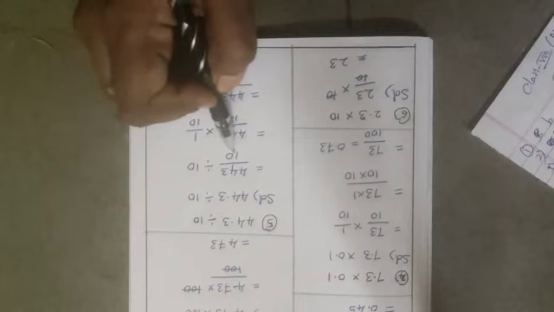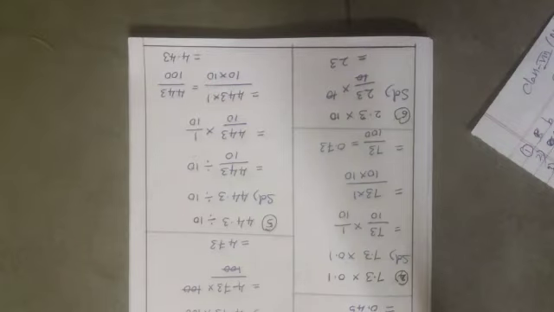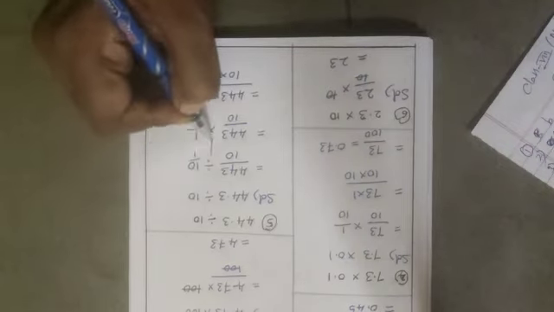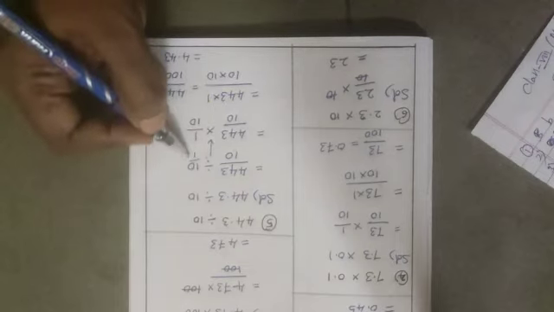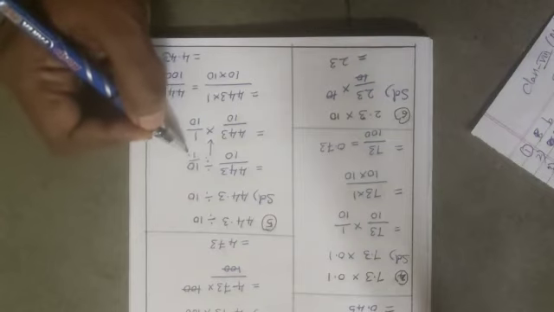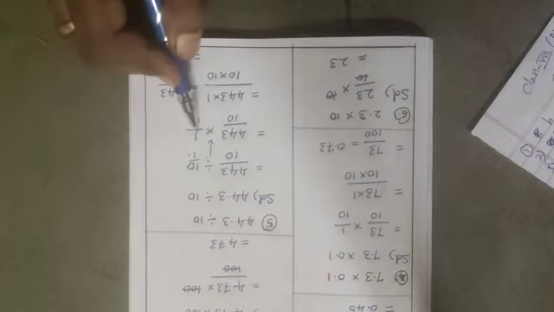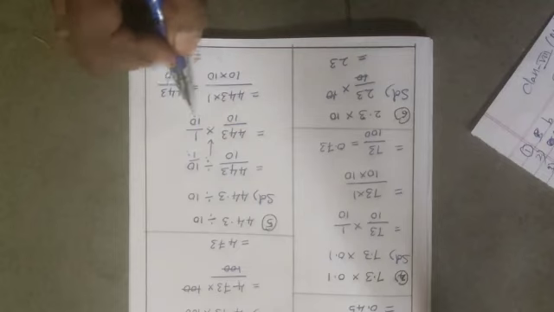So 1 0 after the number, 1 divided by 10. We can write this 10 as 10 by 1. Now children, division changes to multiplication with its reciprocal. Reciprocal means reverse of 10 by 1. Reverse of 10 by 1 is what, children? 1 by 10. Now multiplying numerator into numerator, 443 into 1 by 10 into 10.